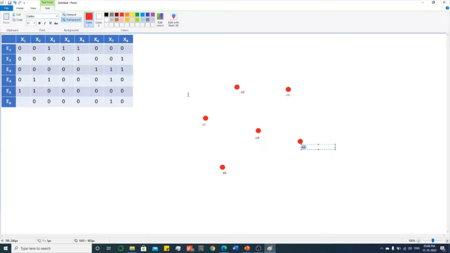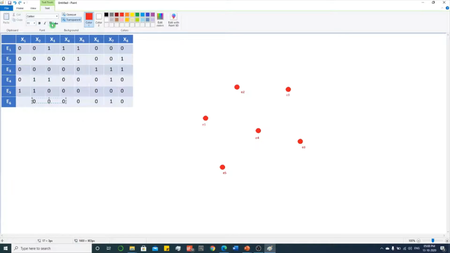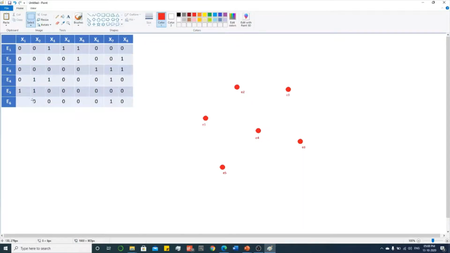Now we have to draw the edges. For connecting the edges, we use x1, x2 till x8. Look at x1.